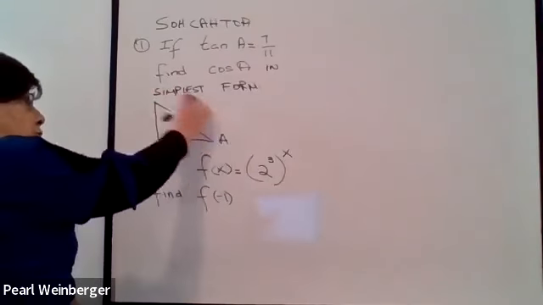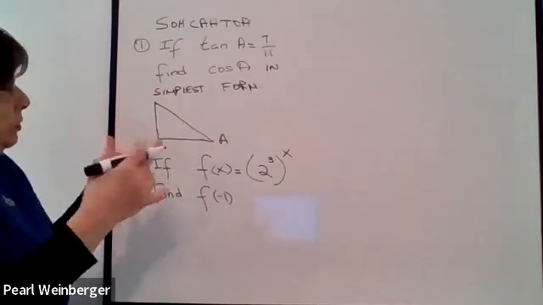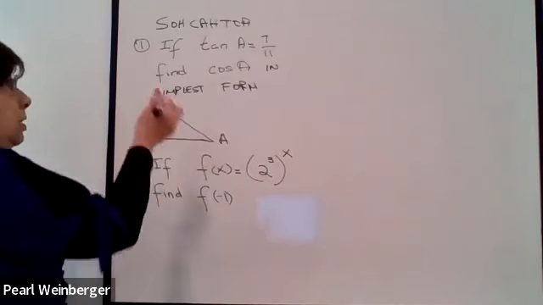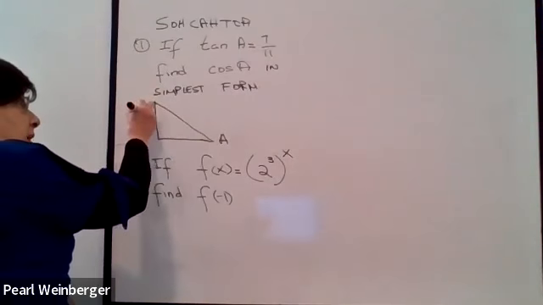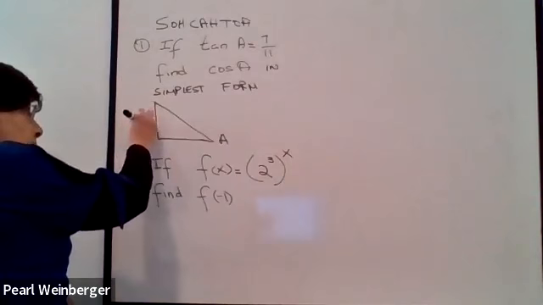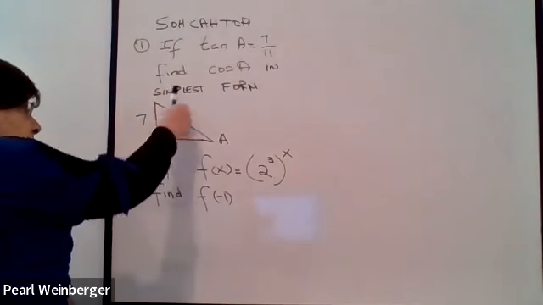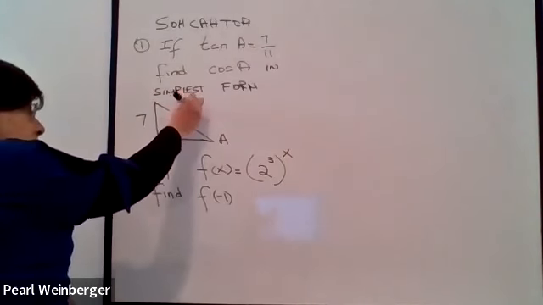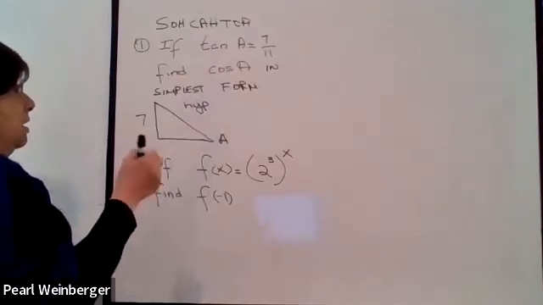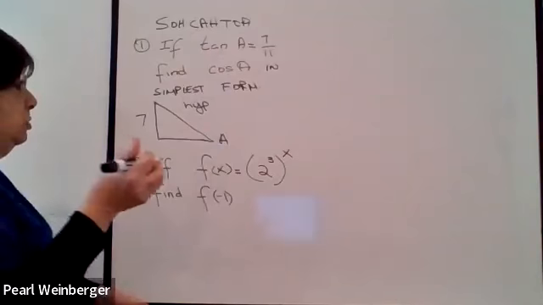So I'm going to draw a triangle. It's not the only triangle that I could draw, but this one is a very easy triangle to draw. Remember, opposite is across, so this is where my 7 is going to be. This is my hypotenuse, which we don't know because they didn't tell us anything. They told us only about tangent.